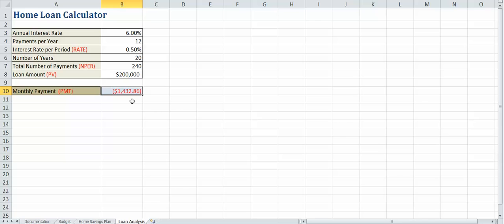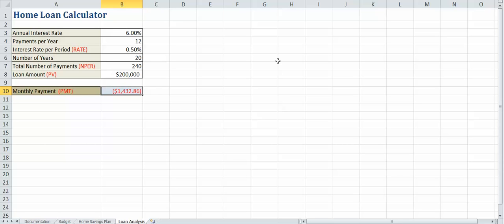So I should know at that point that I have made a mistake, because a monthly mortgage payment is usually somewhere between $1,000 and $1,500 depending on how much money you have borrowed.